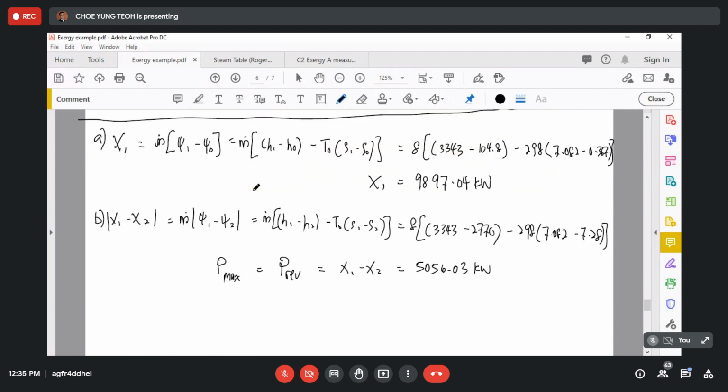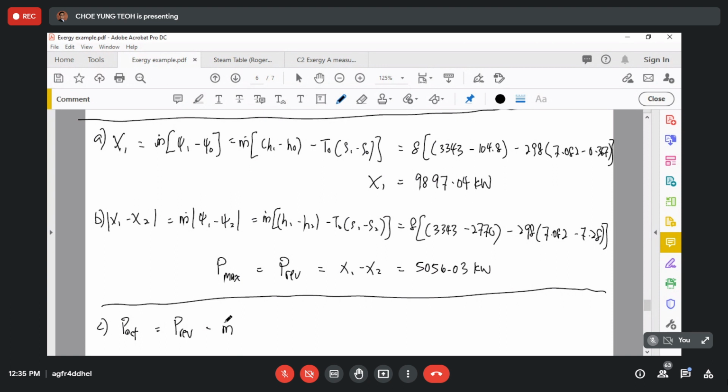So then next we have to calculate the actual one. P actual. So P actual is actually P reversible minus all the losses or minus all the exergy destroyed. Okay, so the exergy destroyed I have is M. Then this is exergy, sorry, irreversibility.